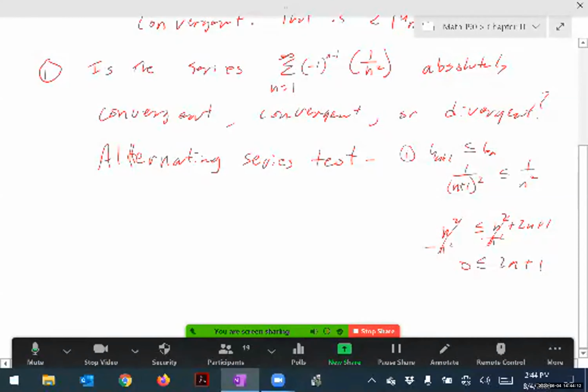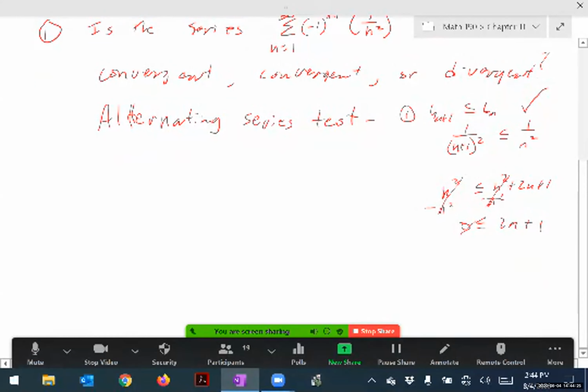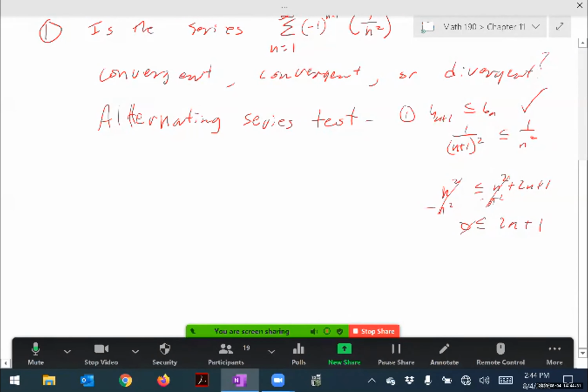Is 2n plus 1 always bigger than 0? Yes, it is, for n greater than or equal to 1. It's true whenever n is greater than or equal to -1/2, which it always is.